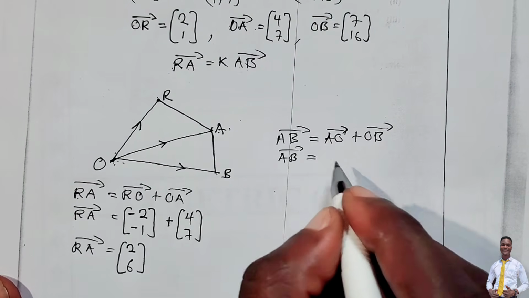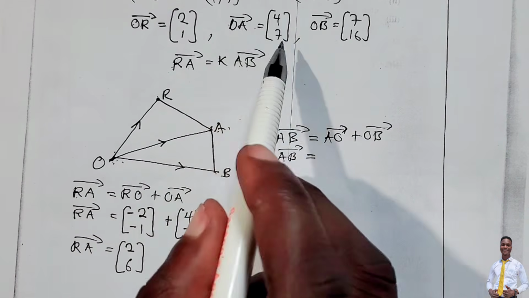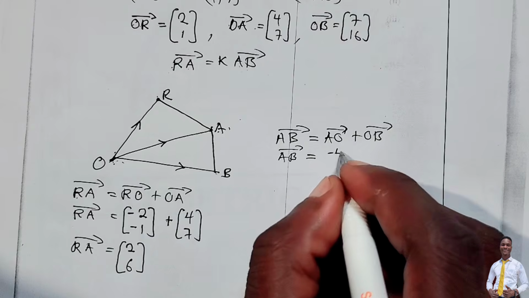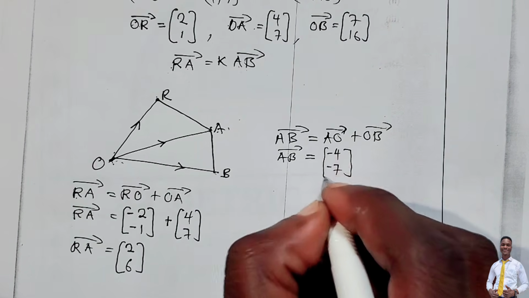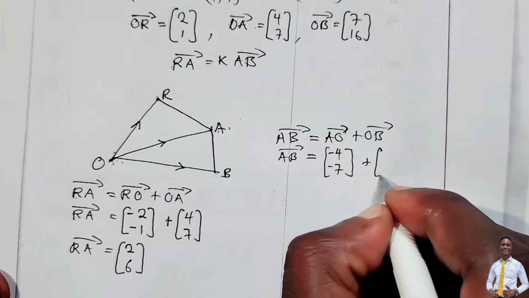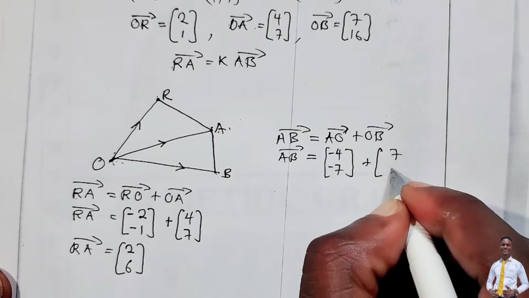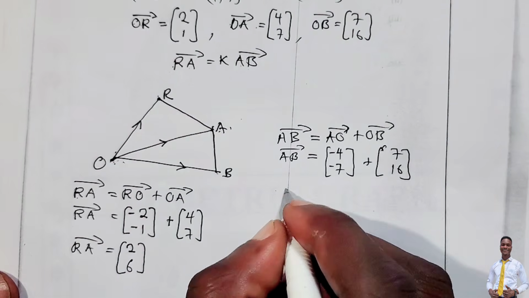Vector AB here: AO is the opposite of OA, so this will be -4, this will be -7, plus OB. We're not moving in the opposite direction, so this is 7, this is 16. Simple mathematics.